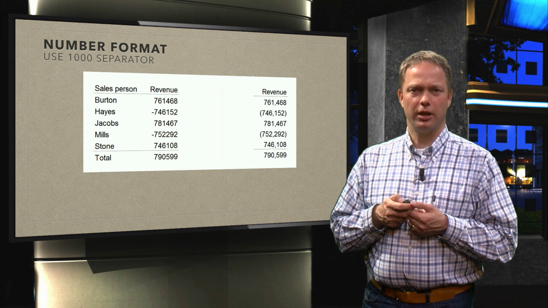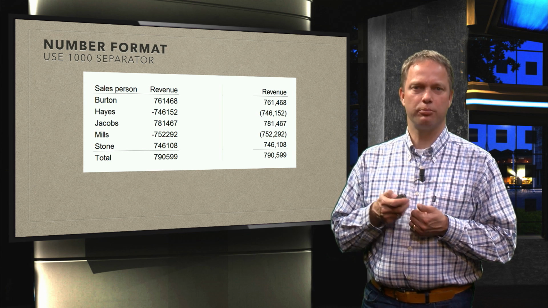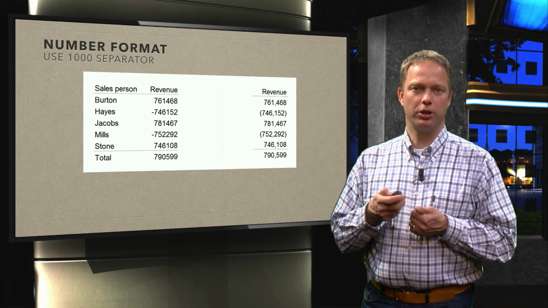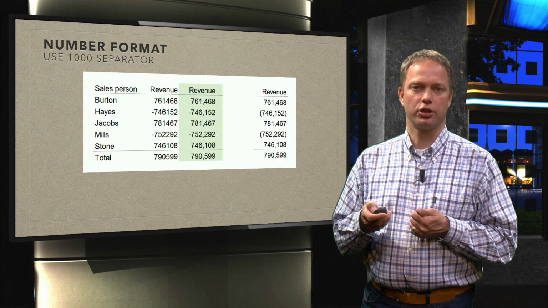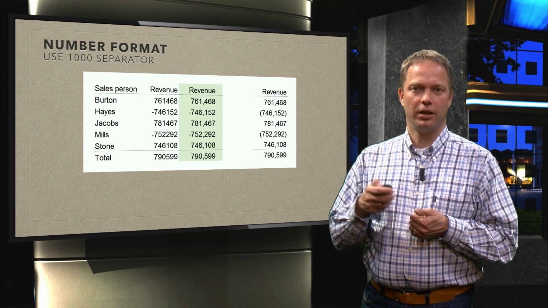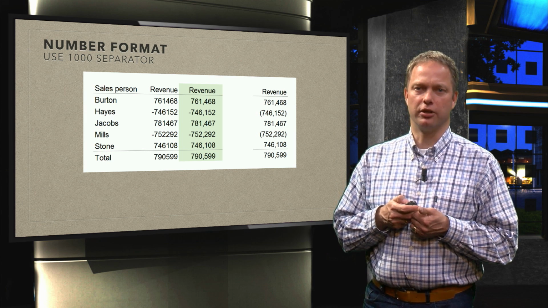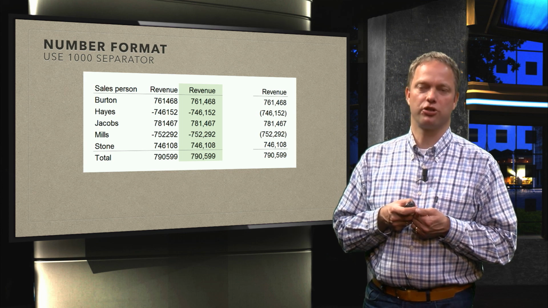And then we have the number format. We see now the revenue column, and it's a bit difficult to read. That's because there are no 1000 separators. So I would always advise to include a 1000 separator. On the right side, you see something different. I didn't tell you when I introduced myself, but actually I'm a financial guy.